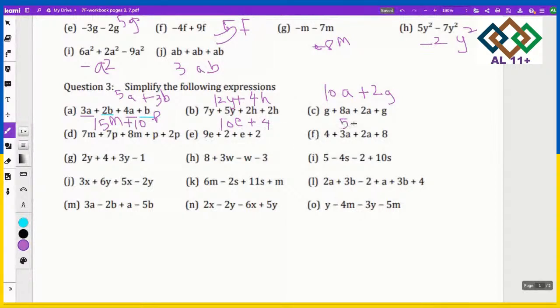That would be 5a plus 12. Then you have g. That's 5y plus 3. Then h will be 2w plus 5. Let me just write down some of your answers on the screen so that we know what you guys are doing. Now we are on number I. Number I, should I write it down?